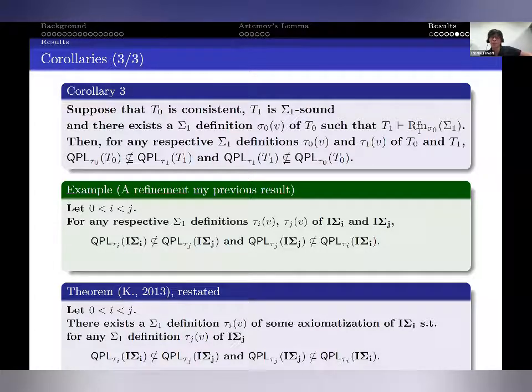That is, for any sigma 1 sentence phi, T1 proves that provable tau 0 of phi implies phi. Then, for any respective sigma 1 definitions tau 0 and tau 1 of T0 and T1, the QPL tau 0 of T0 is not comparable with QPL tau 1 of T1.